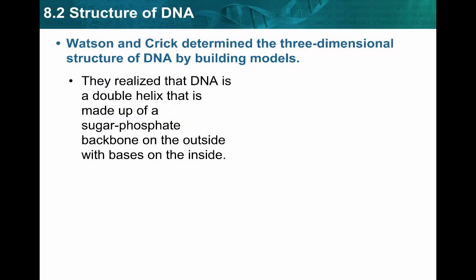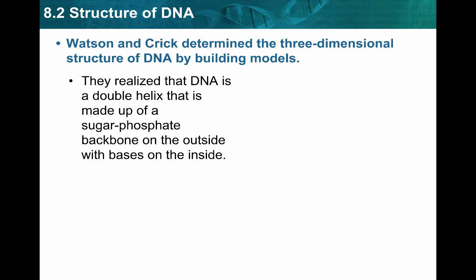So how did we come to find out what the structure of DNA was? Well, there were lots of different tests and studies going on, but the credit for the 3-dimensional model of the structure of DNA goes to Watson and Crick. And they were doing lots of different setups. They were actually building this in a garage office out of cardboard and wire, so it wasn't a very fancy model to begin with, but they were doing all sorts of things.